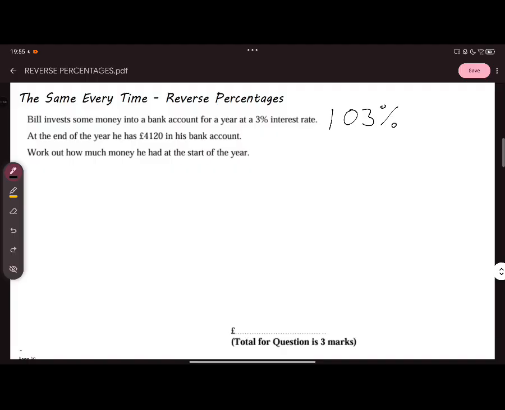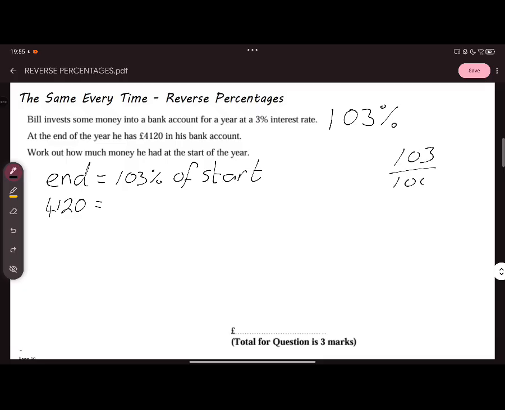Okay, it's as promised, it's the same every time. So at the end of the year, he has 103% of the amount that he had at the start of the year. So they tell us at the end of the year, he has 4,120. 103%, well, 103% is 103 over 100, so 1.03.